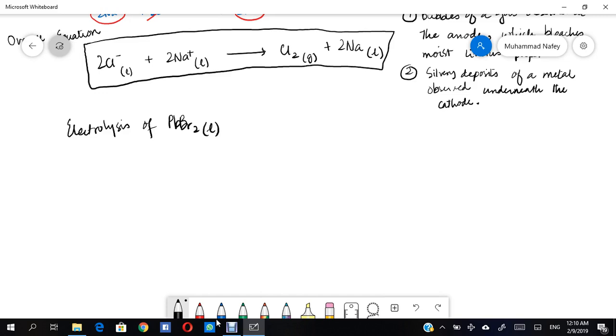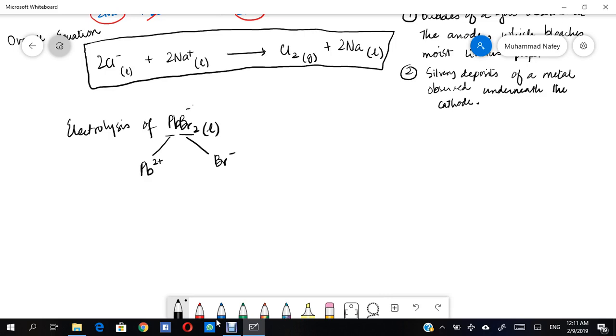So what are the ions that PbBr2 is going to yield? We can see that we have bromide ions, and from the formula we can deduce that Pb will have a 2 plus charge. And how do we know that there's a 2 plus charge? Because there are two bromide ions.